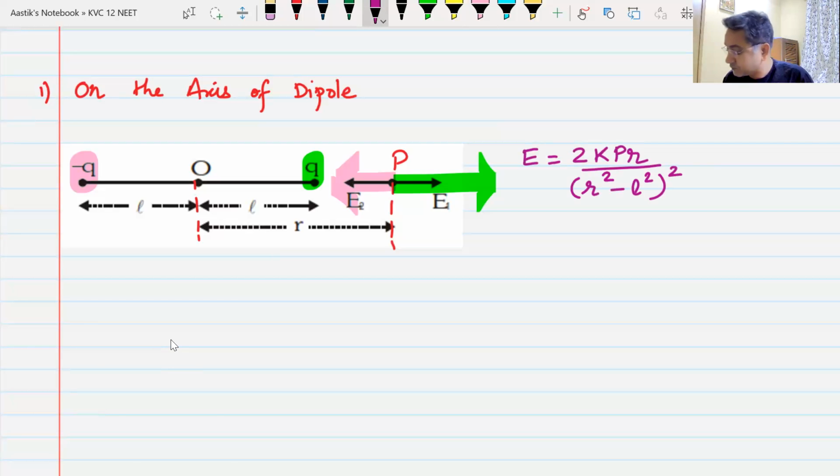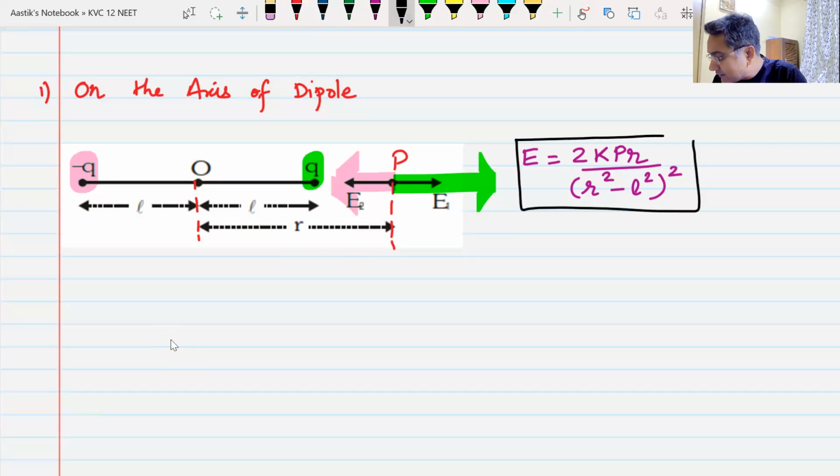This is the magnitude of the electric field on the axis of the dipole. Now this is the actual value. So remember, this is the actual value of the electric field on the axis of the dipole.